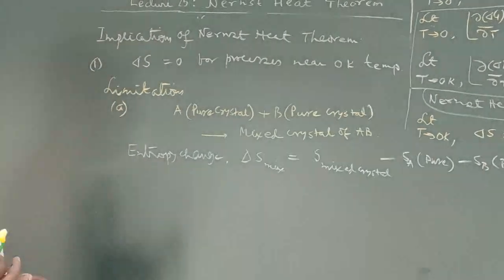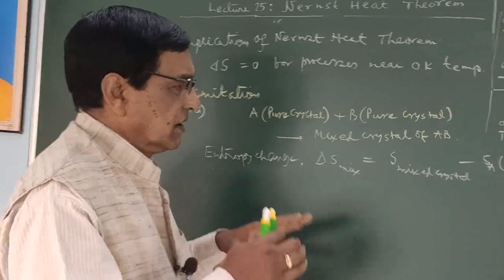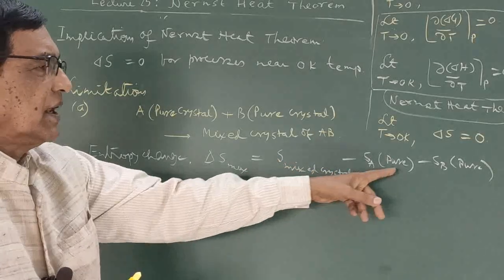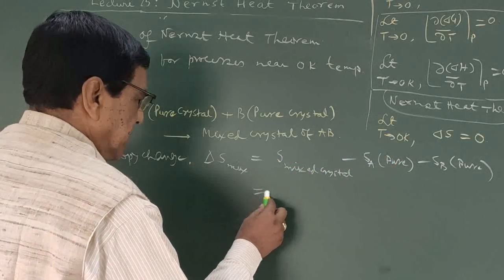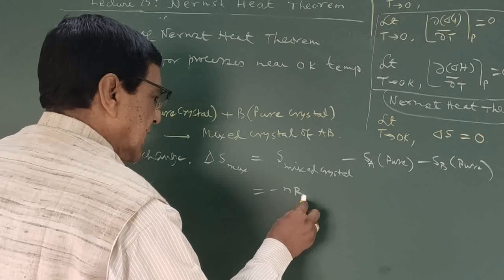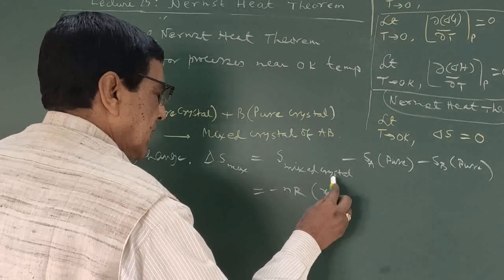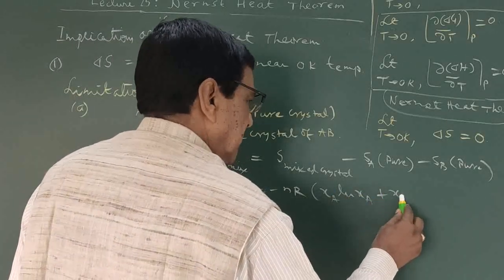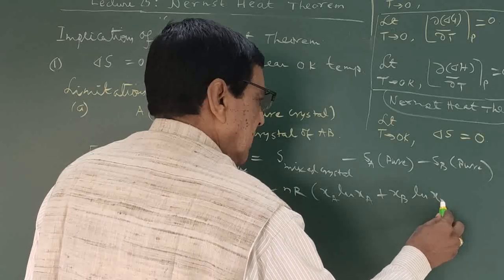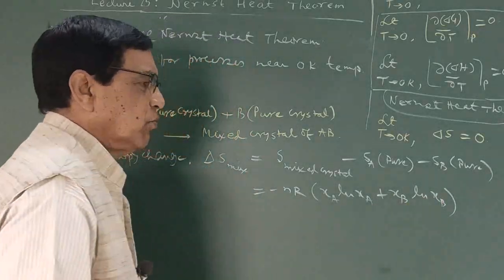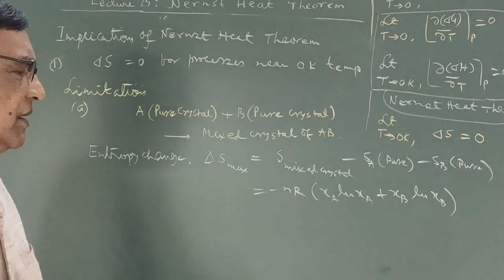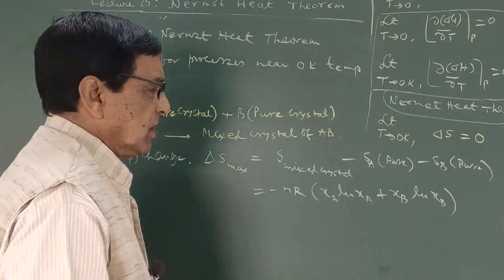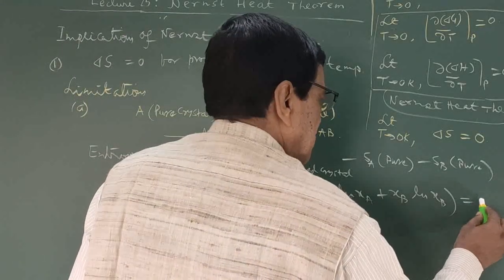This process is occurring near absolute zero temperature, or very near to 0 Kelvin, and delta S mixing could be expressed as minus NR into (XA ln XA plus XB ln XB), where XA and XB are the mole fractions in the mixed state, R is the gas constant, N is the total number of moles in this process, and this one is positive.